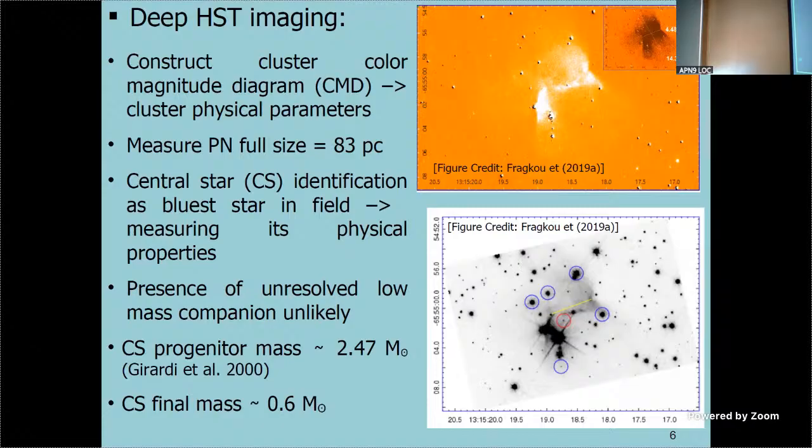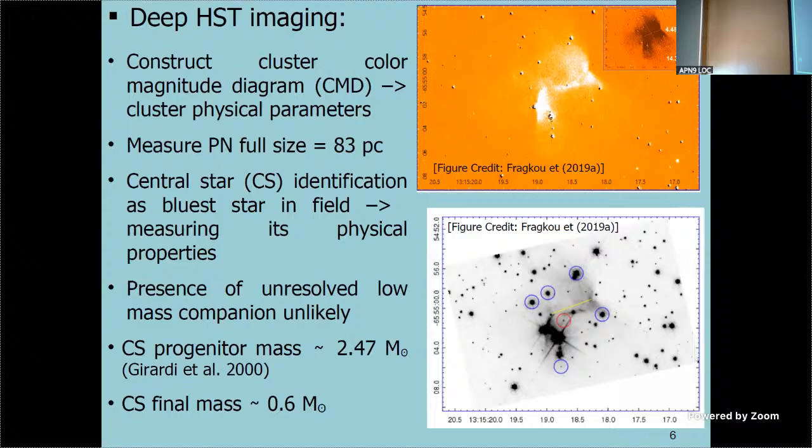HST imaging also allowed us to identify the planetary nebula central star as the bluest star in the field and to measure its physical parameters. Here you can see a visual HST image centered on the planetary nebula. The circled stars are the blue stars in the field, and the one circled in red is the bluest star of all, and the yellow line is the axis of the nebula.